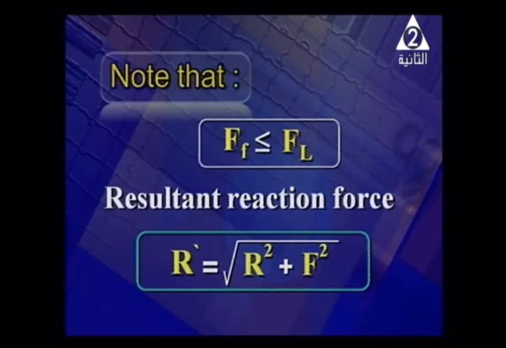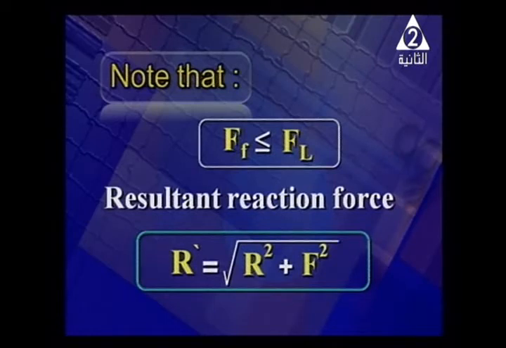What is the meaning of R dash? R dash is called resultant reaction. We have two reaction forces, normal and resultant. What is the normal? R, or N, is the normal, but R dash is called resultant reaction force.